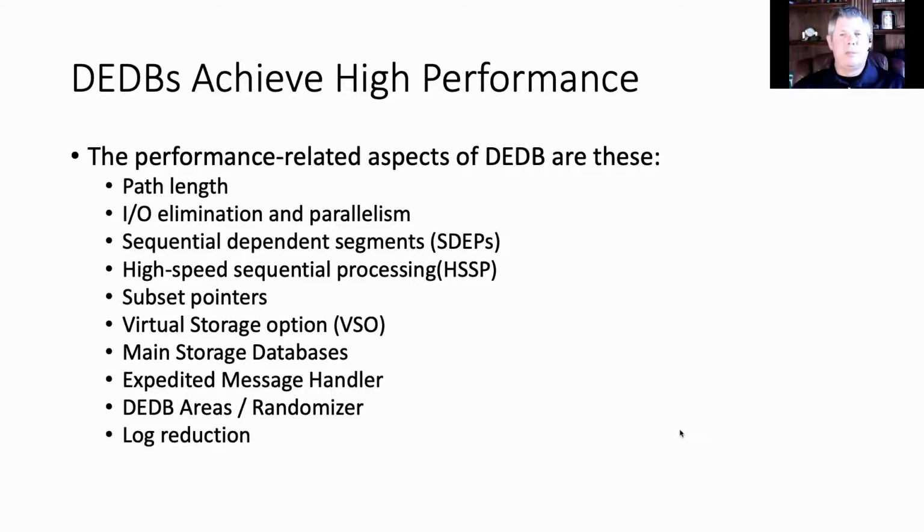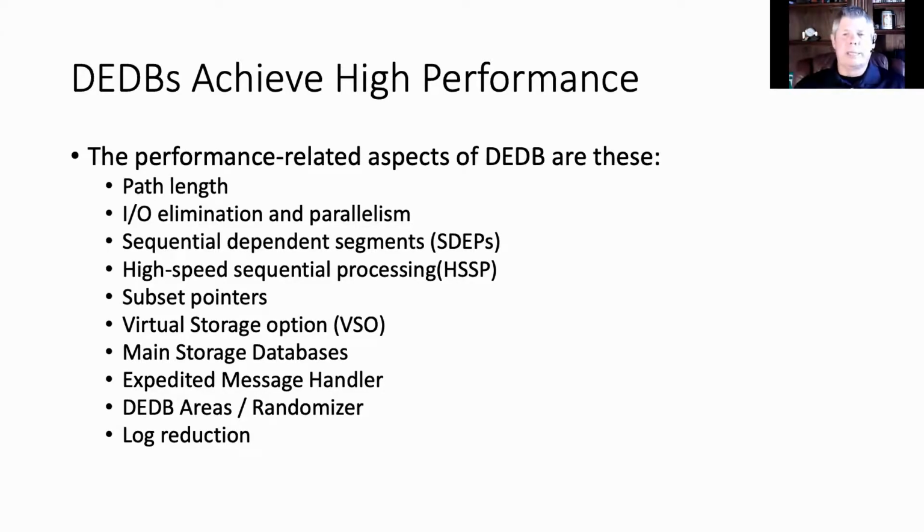So let me quickly go over these aspects of FastPath and how it achieves its high performance. First, for FastPath DL/I calls, the path length has been diminished, and it also significantly lowers the CPU. So you get a couple benefits out of this, right? You get things much faster, and your CPU is less.